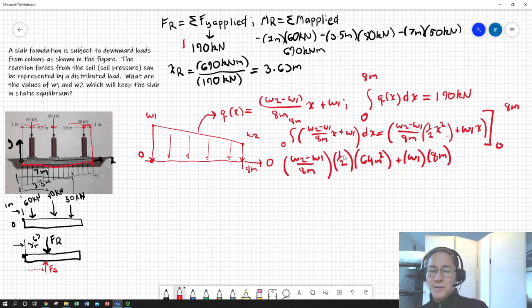We can probably simplify this a little bit, but we'll just take a pause at this point and remind ourselves that this is all going to have to equal 190 kilonewtons before we get too excited doing all the math.